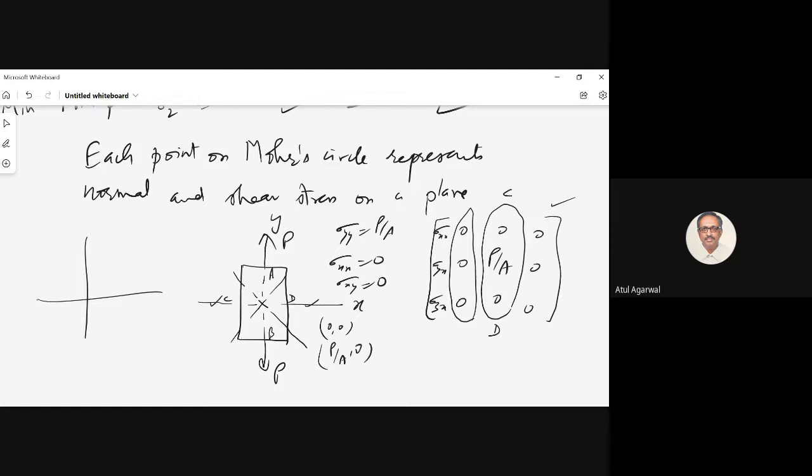So these are the two planes you have information on. One point is 0, 0. The other point is P by A, 0. So with these 2 points as diameter, you draw a circle. So this is a Mohr circle.